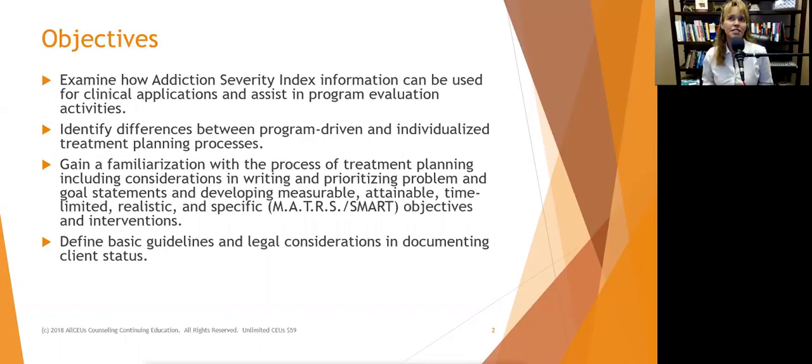Gain a familiarization with the process of treatment planning, including considerations in writing and prioritizing problem and goal statements, and developing measurable, attainable, time-limited, realistic, and specific objectives, or relevant is the other R that's sometimes used. And we'll define basic guidelines and legal considerations in documenting client status.